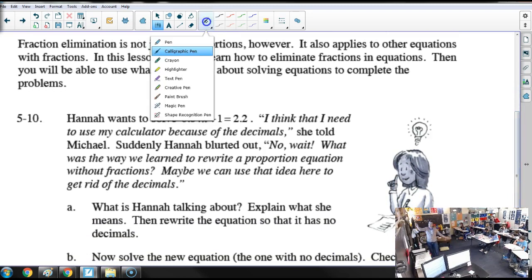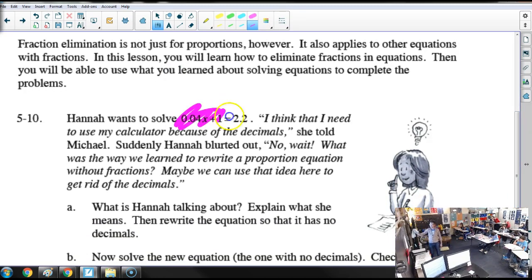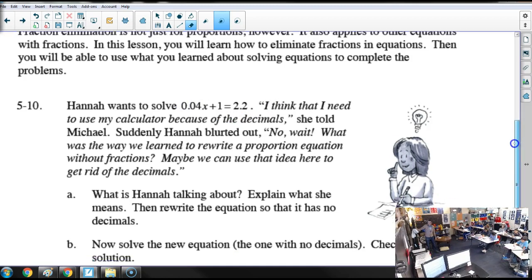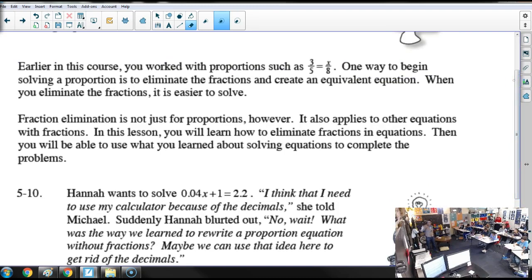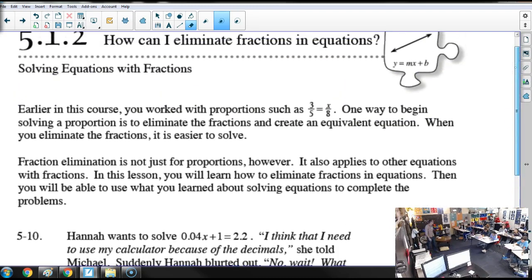So now I would like you to please, on your graph paper, write 4/5 x plus 1 equals 2.2. Yeah, equations with fractions.